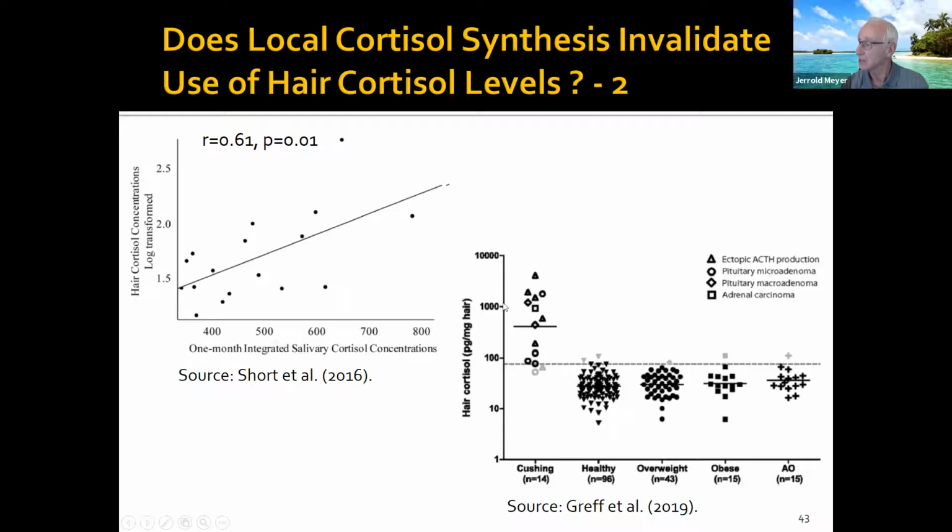It could be a pituitary tumor, adrenal cancer, adrenal carcinoma, and we see the mean is much higher. They don't show the Addison's disease here, but that also shows a reduction. So it's tracking. Hair cortisol is tracking changes in blood cortisol.